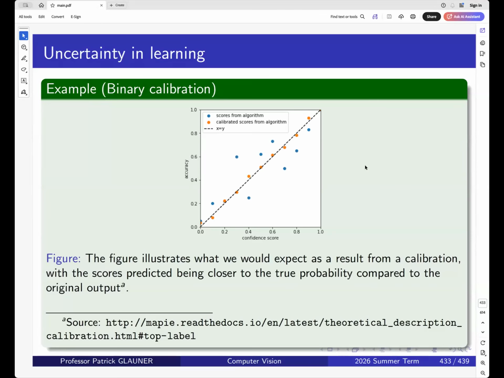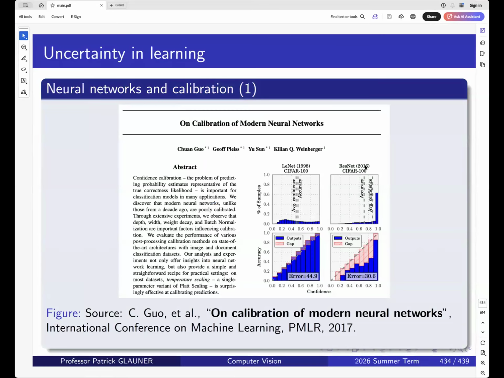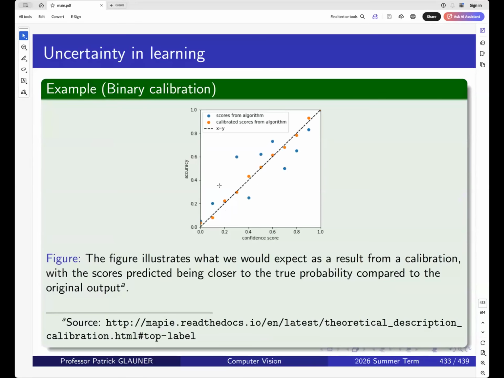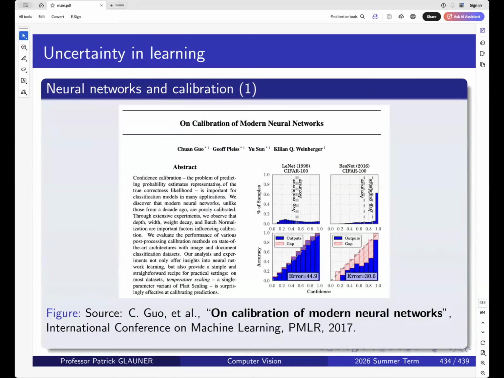There has been a lot of research published in recent years on calibration. For example, it's been noticed that a lot of new deep learning models may be very accurate, but they are poorly calibrated. So they predict well, but they are not that confident in what they predict. This has been shown in research in the last 10 years.